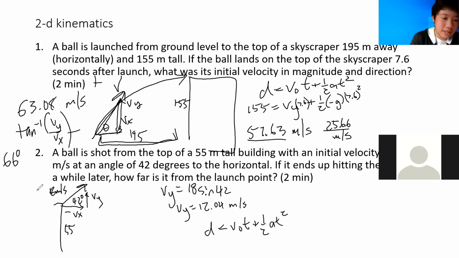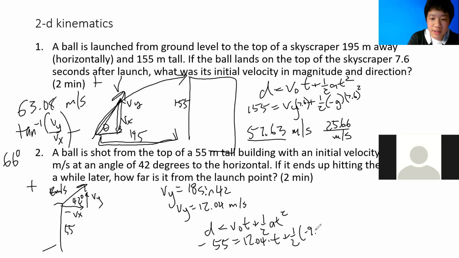So if we establish a positive and a negative, then we're going to have our negative 55 equal to our initial velocity, which would be 12.04 times time plus 1/2 negative 9.8 t squared. Okay, so now all we have is a quadratic.